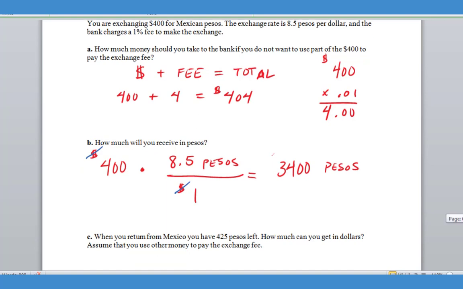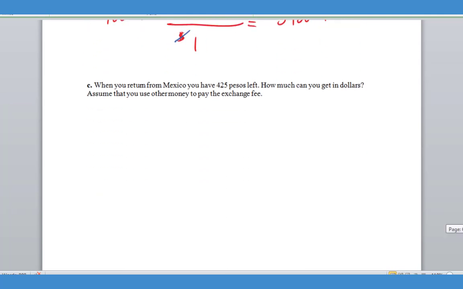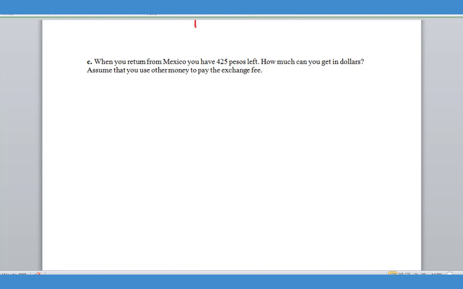Now, when we return from our trip, we have 425 pesos left. So we want to know how much we can get in dollars. So this is going to require us to change the exchange rate so that we are canceling out the appropriate one. So it was 8.5 pesos per dollar. Now we want to make it $1 per 8.5 pesos.